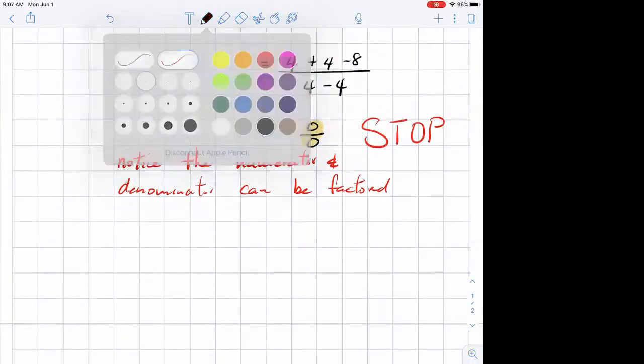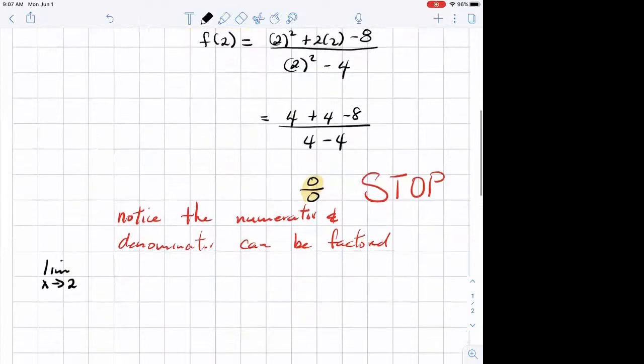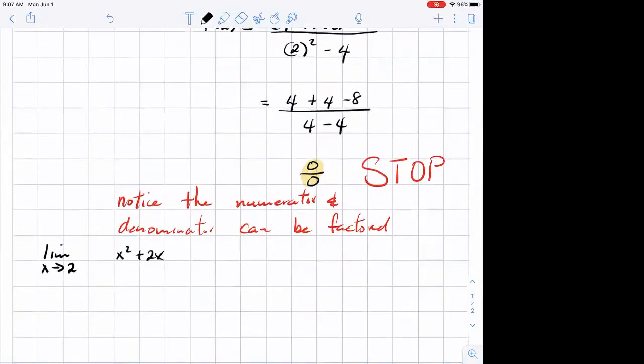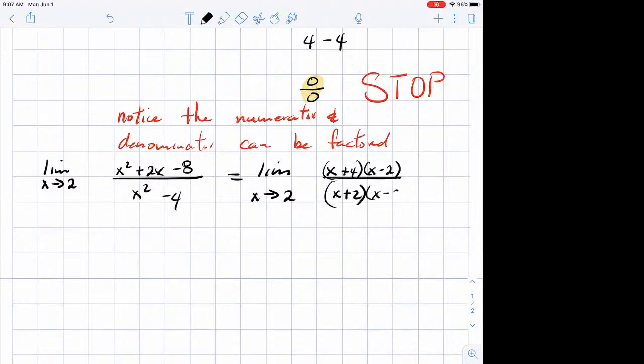So we can say that the limit as x approaches 2 of x squared plus 2x minus 8 over x squared minus 4 is the same as the limit as x approaches 2 of x plus 4 times x minus 2 over x plus 2 times x minus 2. If you factor the top, you get x plus 4 times x minus 2, and the bottom is a difference of squares.